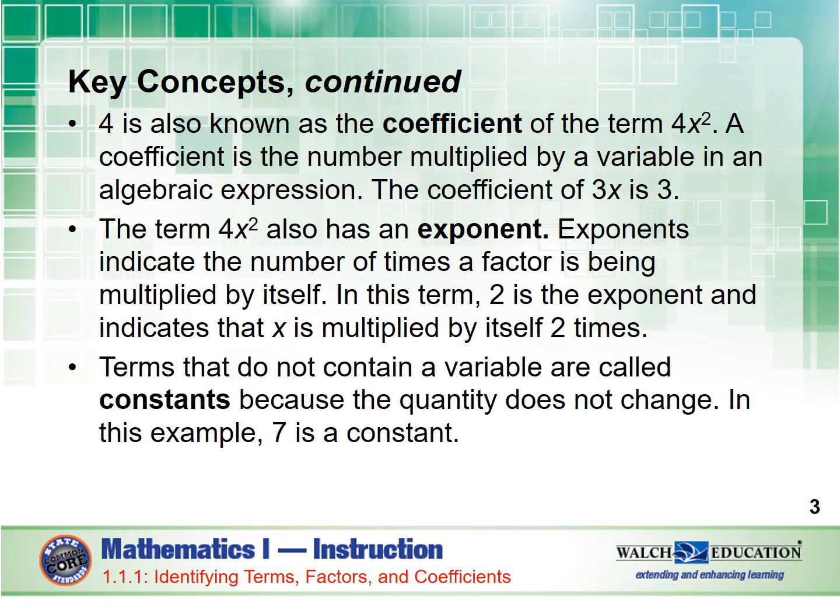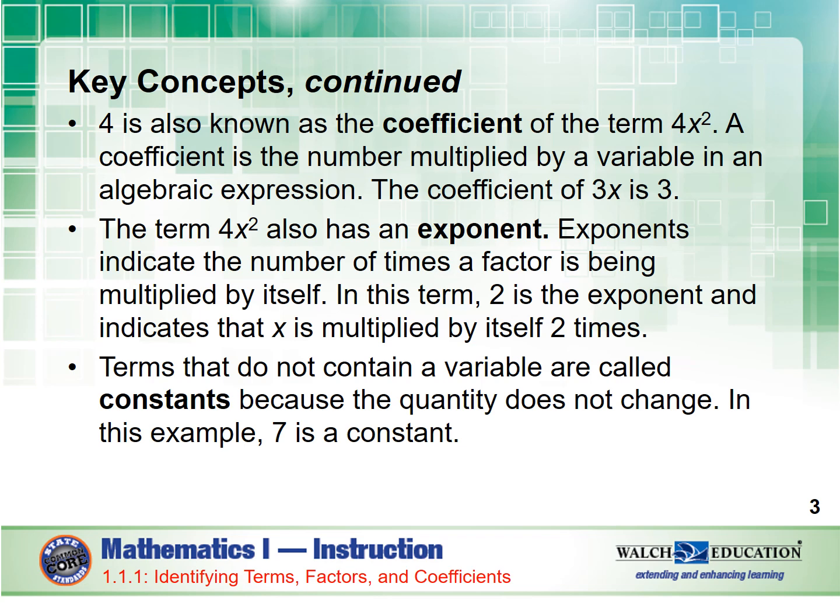So 4 is known as the coefficient of the term 4x squared. The coefficient is the number that comes before a variable when they're not separated by a plus or a minus sign. Coefficient is the number multiplied by a variable in any algebraic expression. So the coefficient of 3x is 3. So we've got coefficients, those are numbers, and variables, which are letters. And then the term 4x squared also has an exponent.